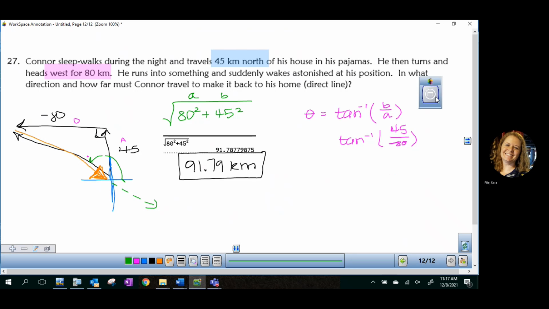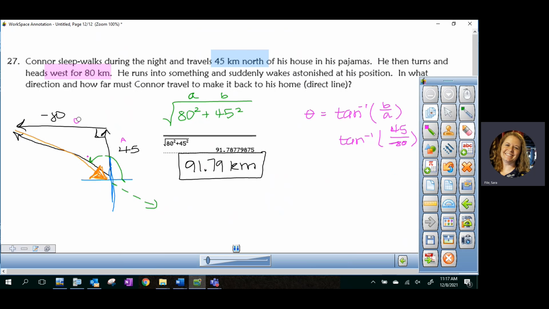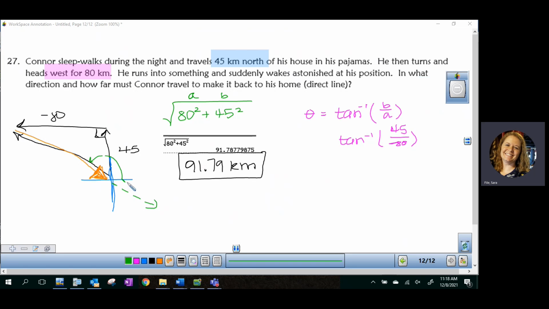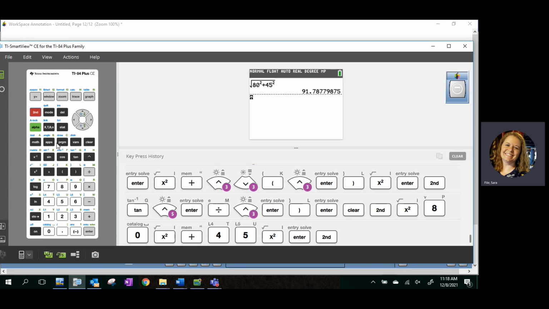I know that looks confusing because that was labeled O and A, but we're talking about the angle to go home. So this angle up here, so this is opposite adjacent. So I'm not even going to label it in the picture because that made it look confusing. All right, so just knowing that's A, our horizontal, that's B, our vertical. So inverse tangent of 45 over negative 80.